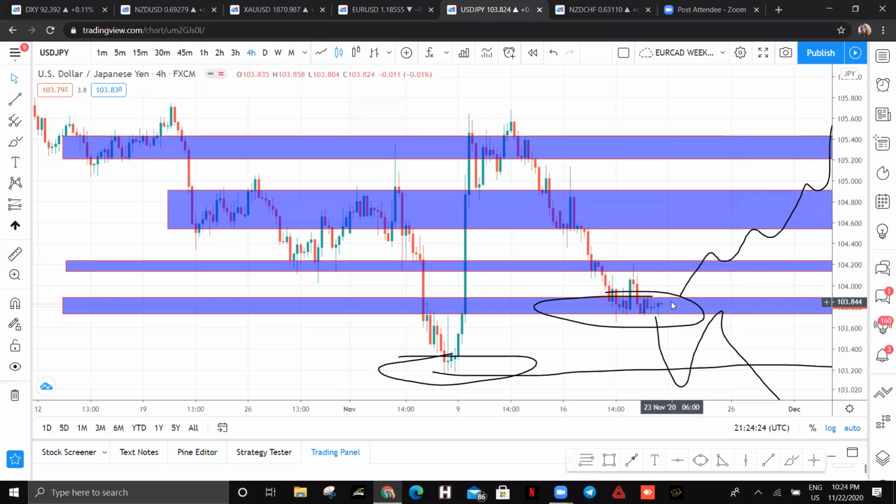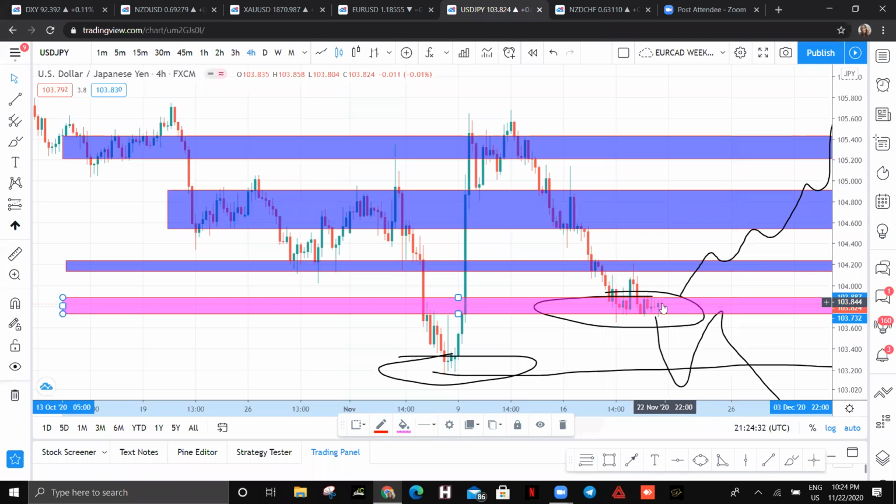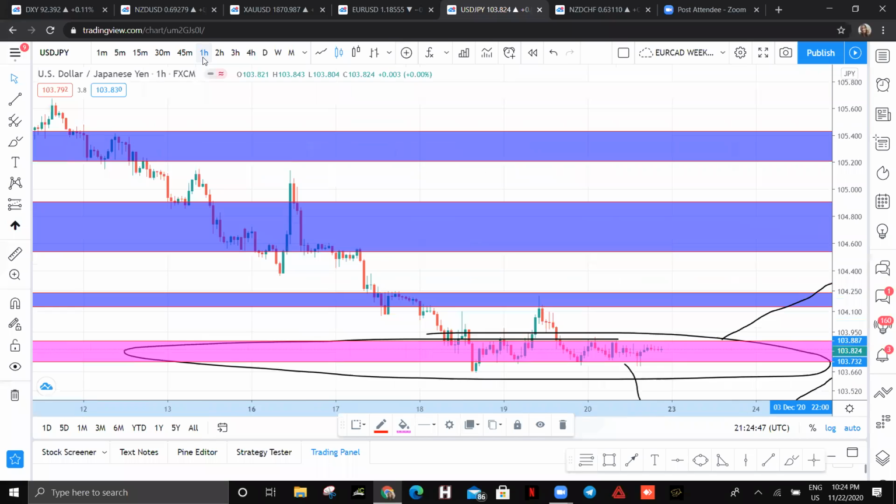But if it doesn't respect this, it needs to break out of this particular zone. Let me change the color to pink. You have to break out of this pink zone, retest it, then come down. Then I will confidently take a sell. But for now, I don't see sells on USD/JPY. That is my own analysis. Let me go to H1 and see the reaction on H1.